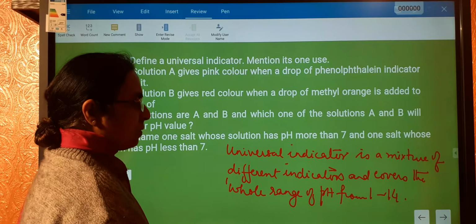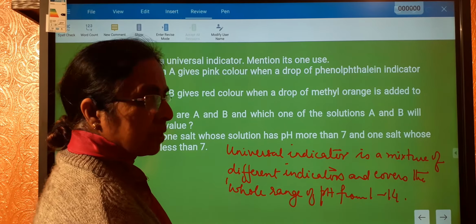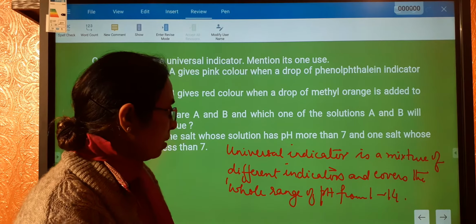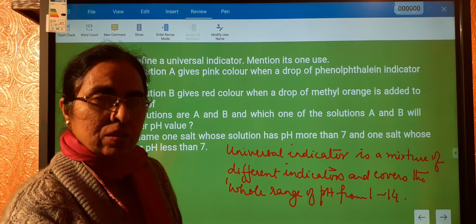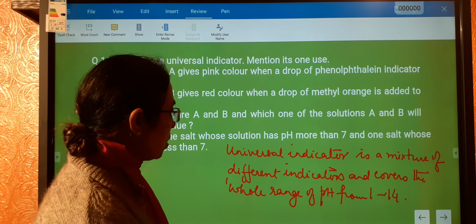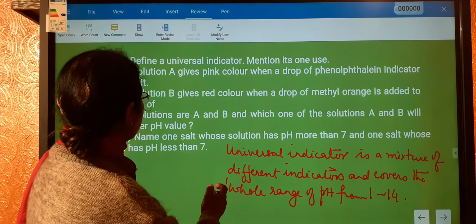Alright, it covers the whole range of pH. I told you that indicators are pH sensitive, and universal indicator is a mixture of indicators and covers the whole pH range, so we call it universal indicator.